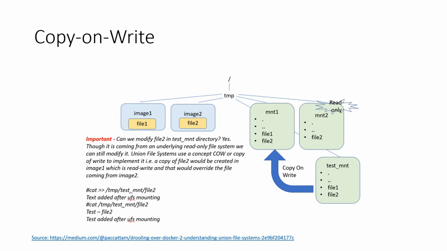And so if you make those changes and then look at /temp/test_mnt/file2, then you'll see those changes. However, if you tried to print out /temp/just_mnt2/file2, you would see the original version unchanged.